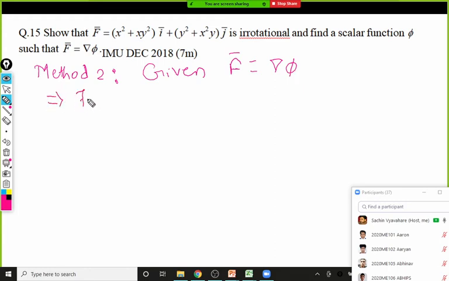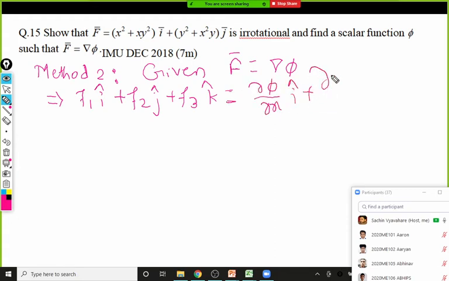The vector f bar is f1 i plus f2 j plus f3 k, and del phi is a vector. By the definition of a gradient, it is dou phi by dou x i plus dou phi by dou y j plus dou phi by dou z k. So that is f bar equal to del phi vector.